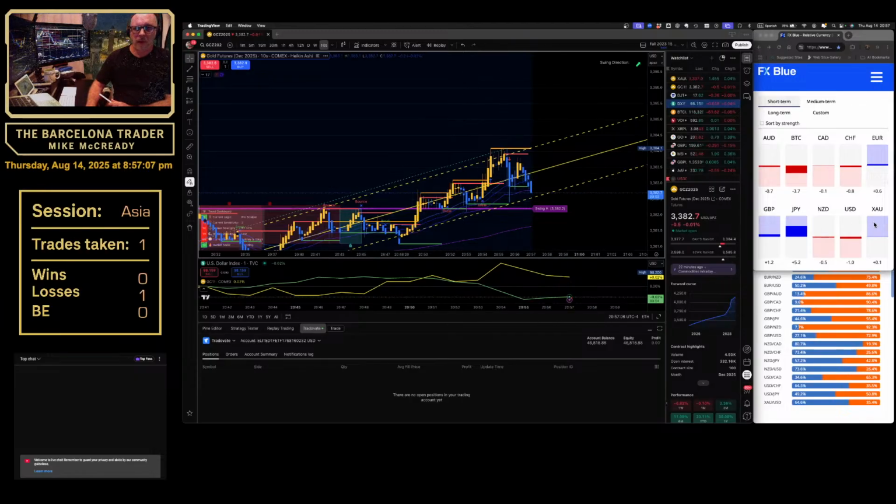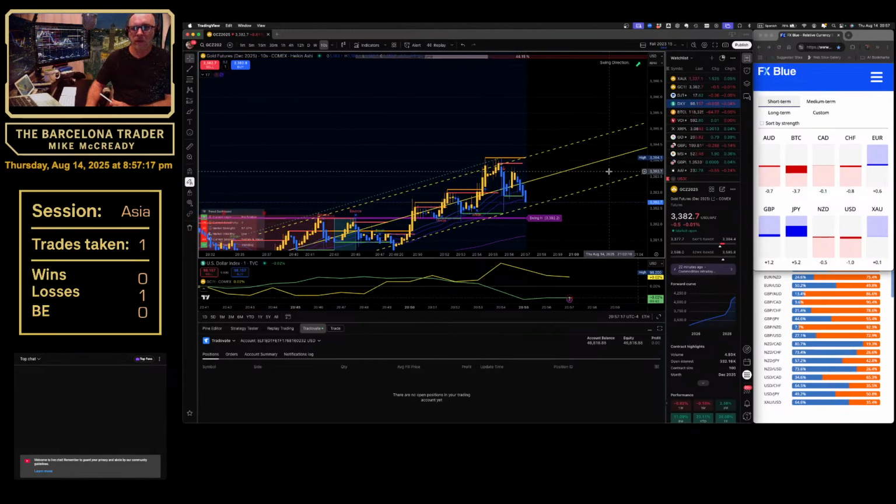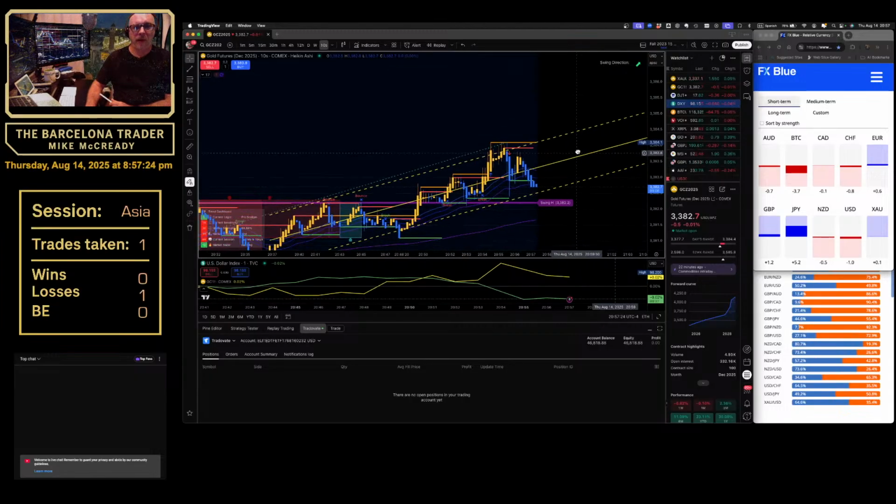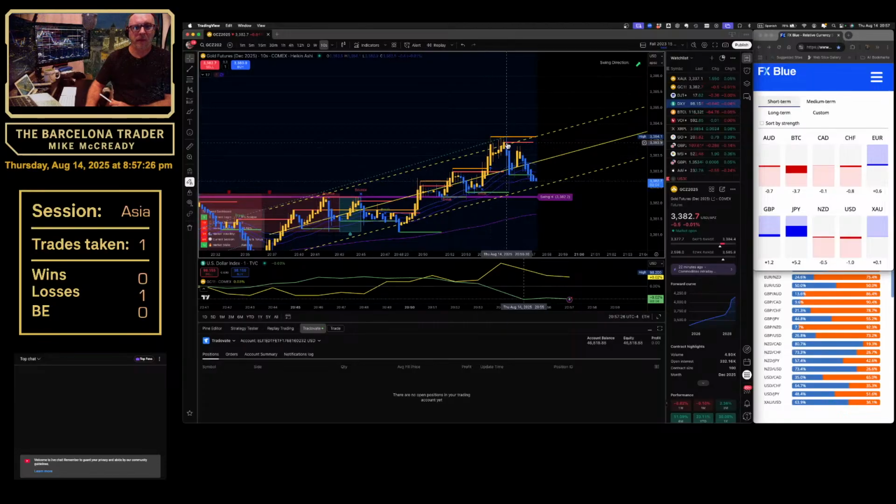Now, I would say that relative currency strength wasn't diverged enough there. It didn't have enough strength in gold and weakness in the dollar to push us above where we got there. Perhaps price was a little bit overextended by the time it got there.